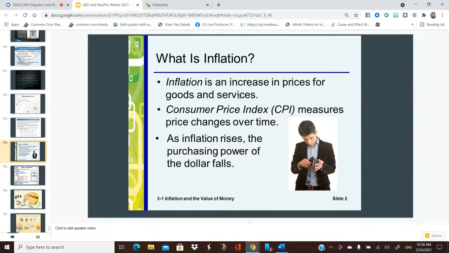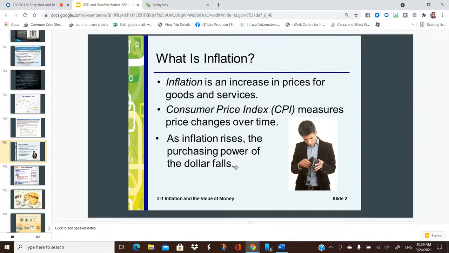Inflation. Inflation is when there is an increase in price for goods and services. This is always happening. So prices now for everything that we buy, food and clothes and houses, are going to be a lot higher than they were 10, 20, 40, 50 years ago, because over time, the prices are going to keep increasing. As inflation rises, the purchasing power of the dollar falls.